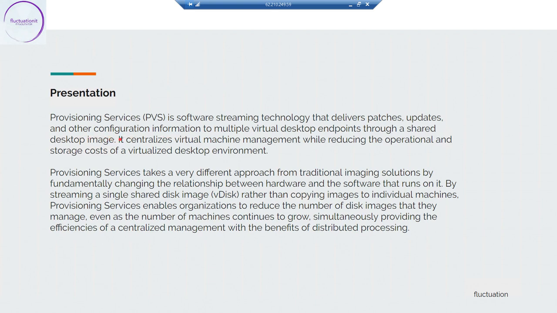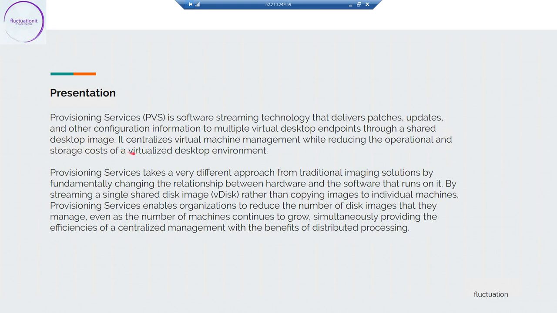The advantage is that it centralizes VM management while reducing the operational and storage cost in a virtual desktop environment. So this is the first advantage. So what is the strength, and why is PVS such a fantastic solution?